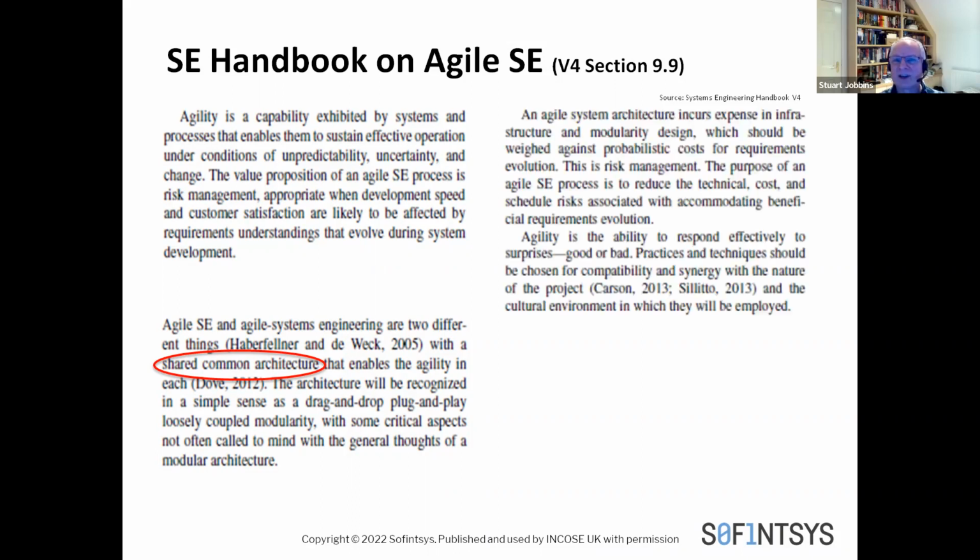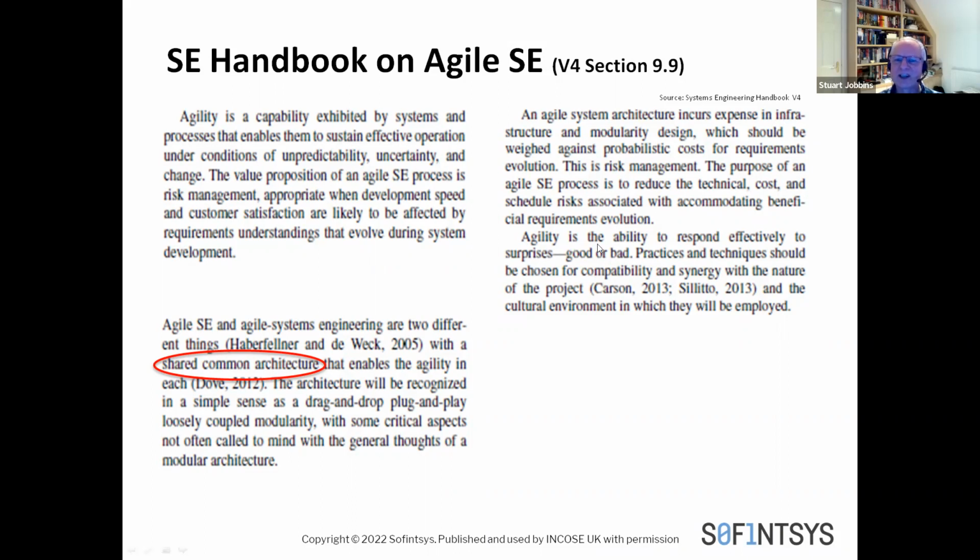And an Agile system architecture incurs expense in infrastructure modularity. Yes, I agree entirely. That is the problem I've always seen with Agile systems, that you're doing away with this lovely optimization step for the choice of your reconfigurability.